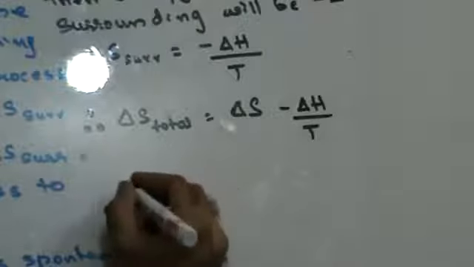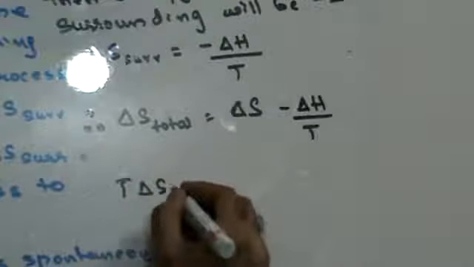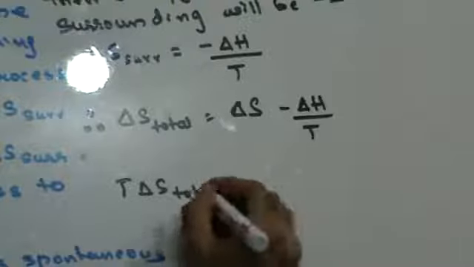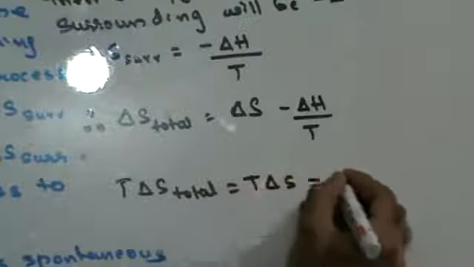So now if I take LCM here, I will get T delta S total is equal to T delta S minus delta H. First I take T as a common denominator and then I take that T to the other side.